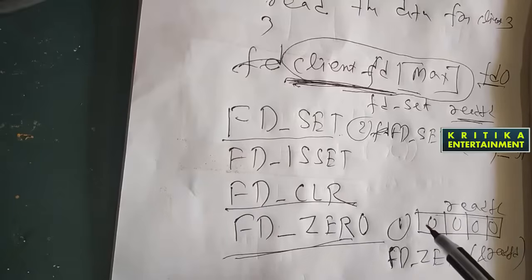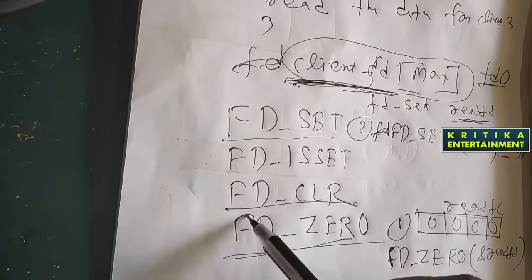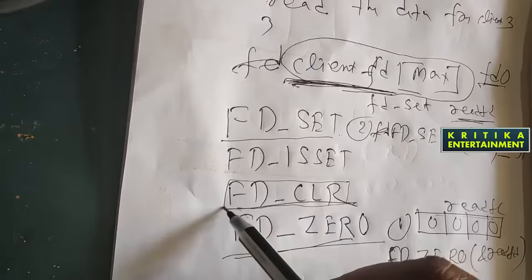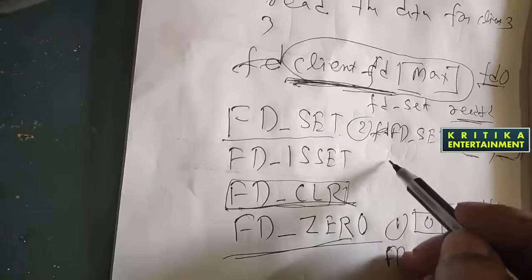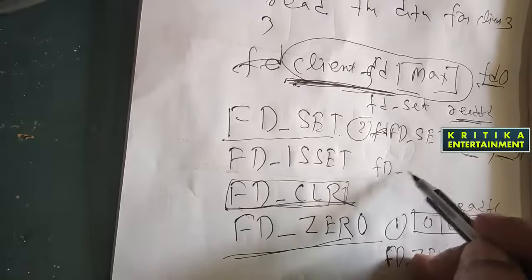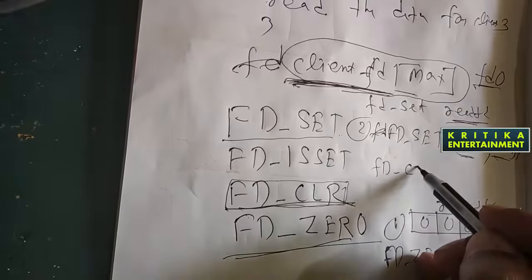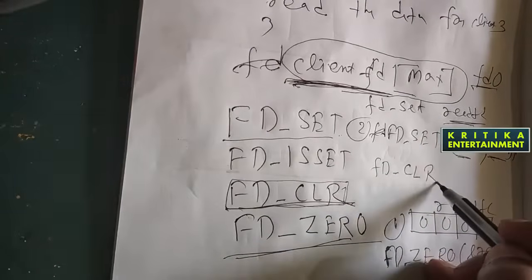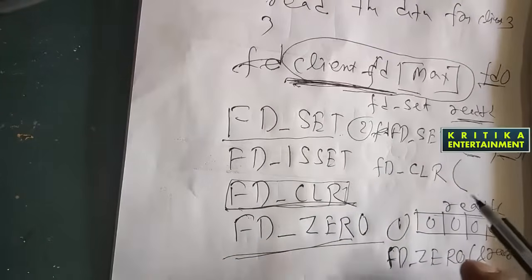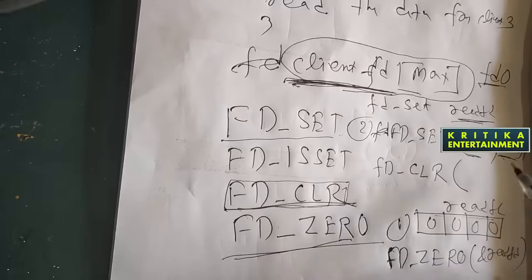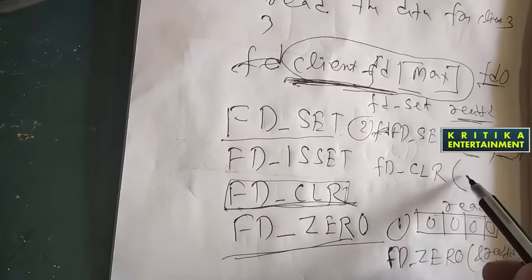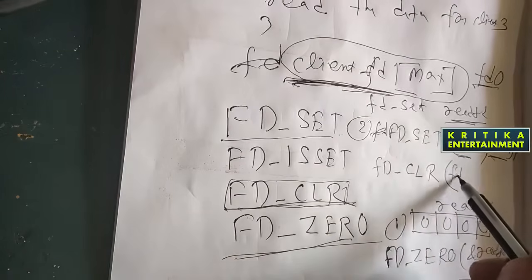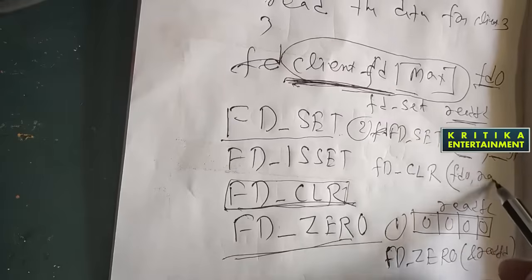Third, if you want to remove this FD from the read FD set, what will you write here? FD_CLR, then FD 0, read FD.